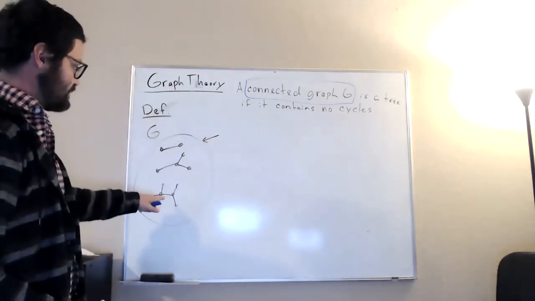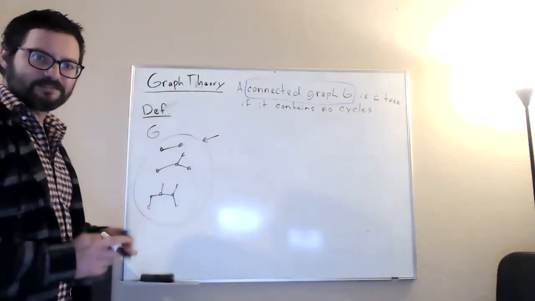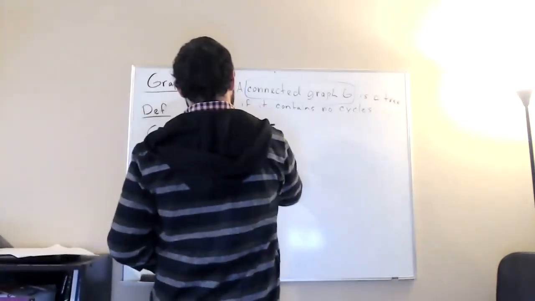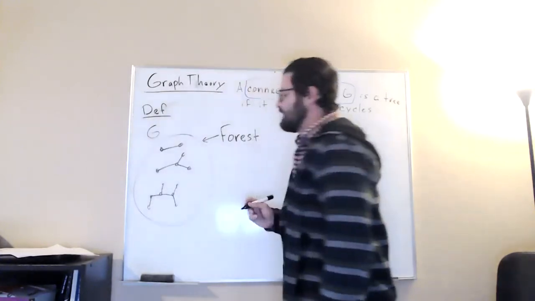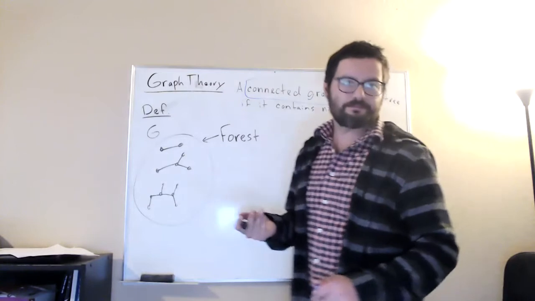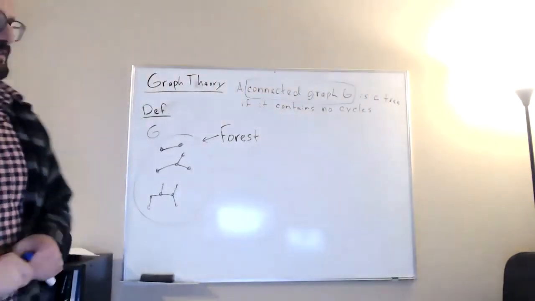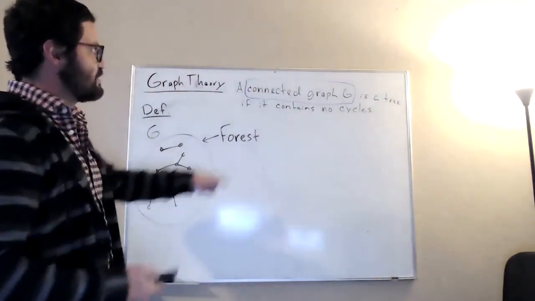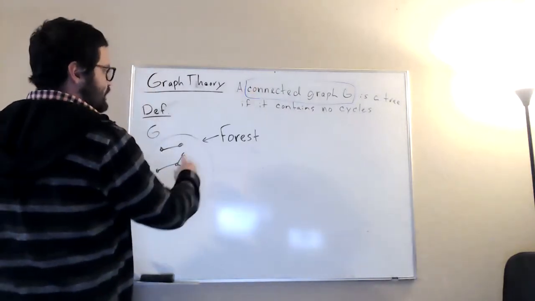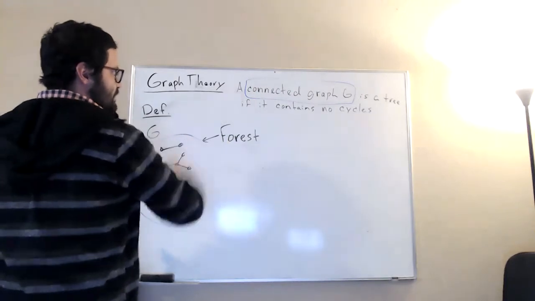That's a tree, that's a tree, that's a tree. There's no cycles. What do you think it's called? Forest. It's a forest. So a disconnected graph that contains no cycles is called a forest. So in order for it to be a tree, it has to be connected. If it's disconnected and contains no cycles, it's a forest. Otherwise, it's a tree.